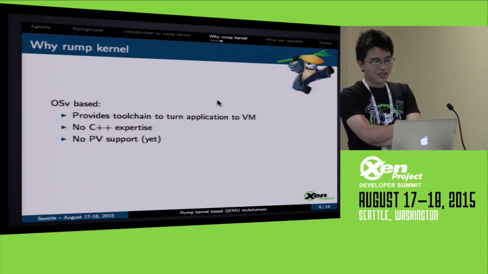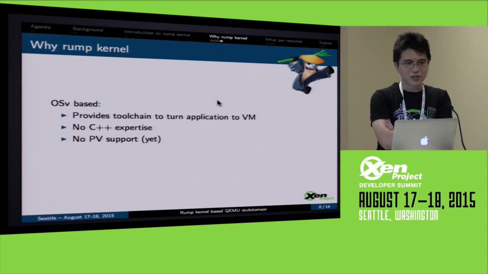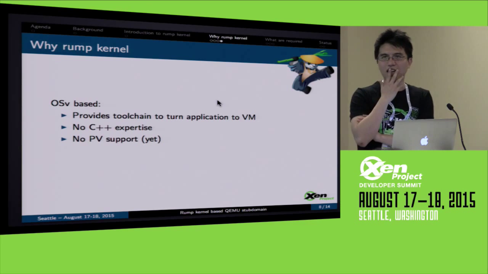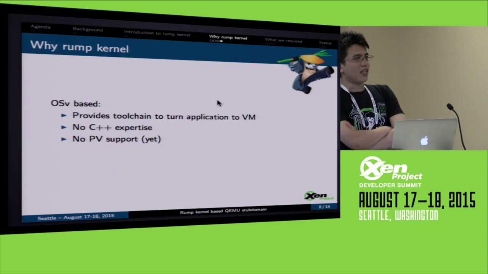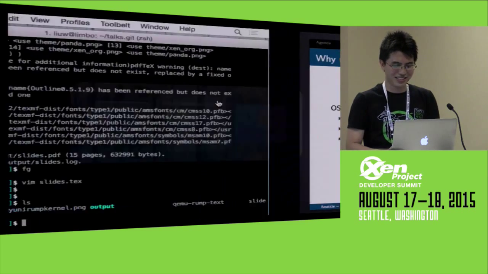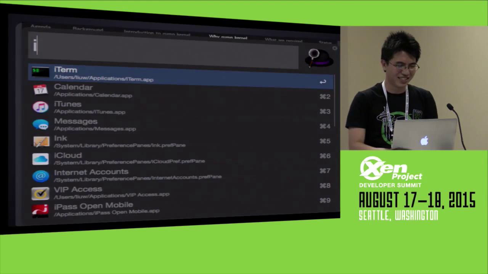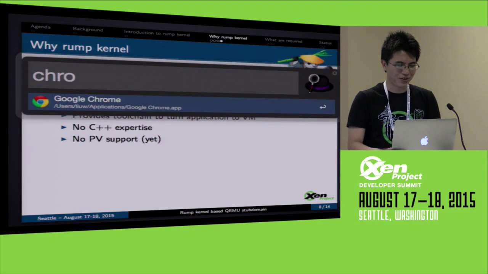And then there's the OSv-based solution. Do all of you know what OSv is? No? Maybe I should just open their homepage for you.